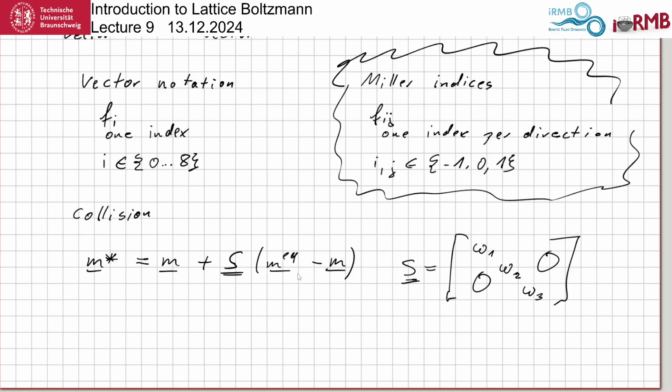So this is a diagonal relaxation matrix, where per moment we have the relaxation rate for that particular moment.